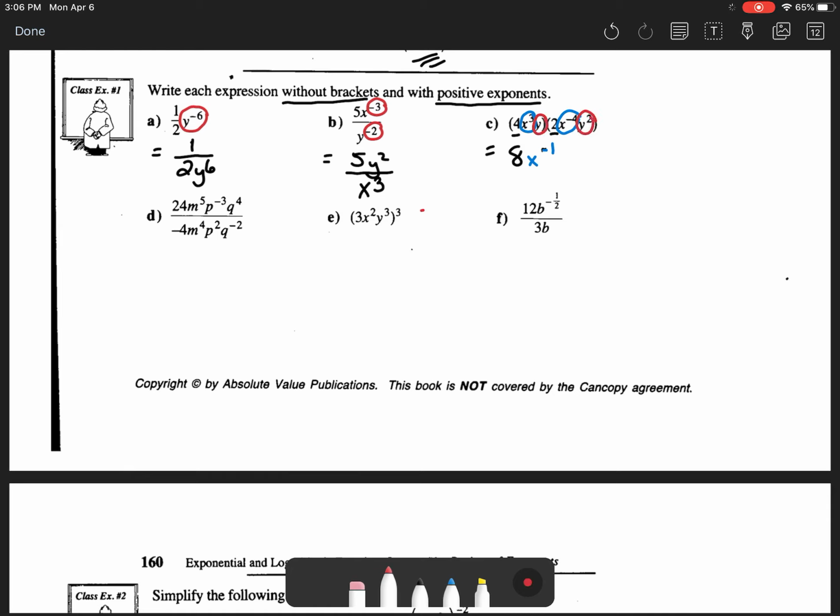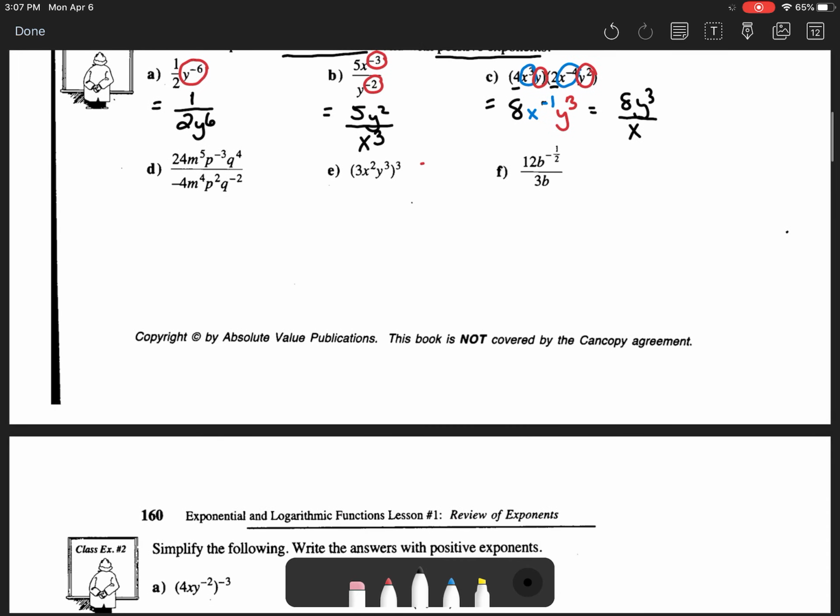And then I would go y times y squared, multiplying powers with the same base. That would give you y cubed. So the only thing that's an issue there is going to be that x to the exponent of -1. So the 8 and the y cubed will remain in the numerator. The x to the exponent of -1 moves to the denominator and is x to the exponent of 1, or just x, in the denominator. There's your simplified expression.